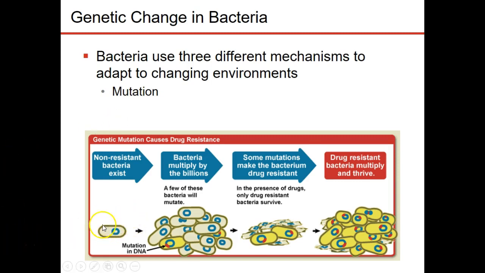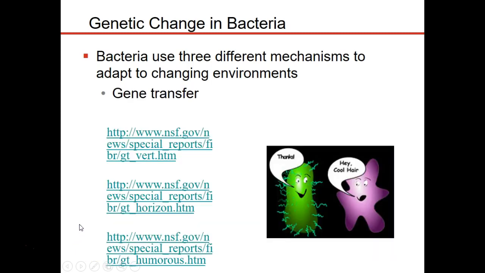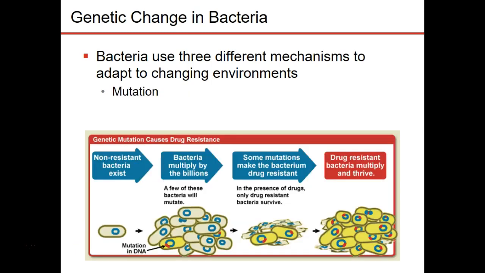So down here, this is a figure I got off of Google Images. Here we have a single cell that is just a normal bacterial cell. It does not have any antibiotic resistance. It grows and grows and grows, and eventually there are billions of identical cells with a few outliers that have mutated. Because anytime you have billions of replications, there's likely going to be at least one or two cells that are mutated.